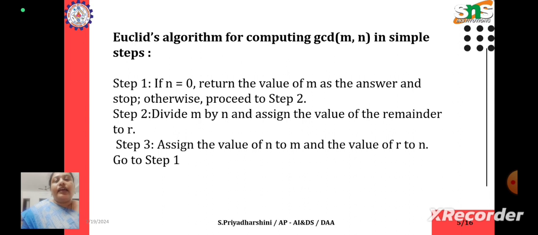Step 1: if n is equal to 0, return the value of m as the answer and stop. Otherwise, go to step 2. Step 2: divide m by n and assign the value of the remainder to r. Step 3: assign the value of n to m and the value of r to n. Go to step 1. So this is Euclid's algorithm.